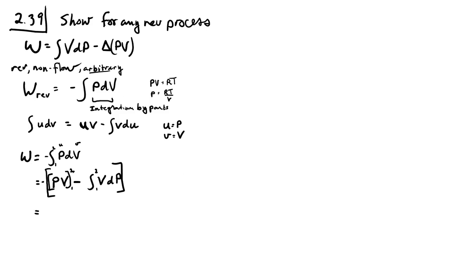If I simplify this, minus of a minus, this is going to be the integral of V dP, which is nice, that's exactly what we have. And then this is going to be minus P2 V2 minus P1 V1, or delta PV.